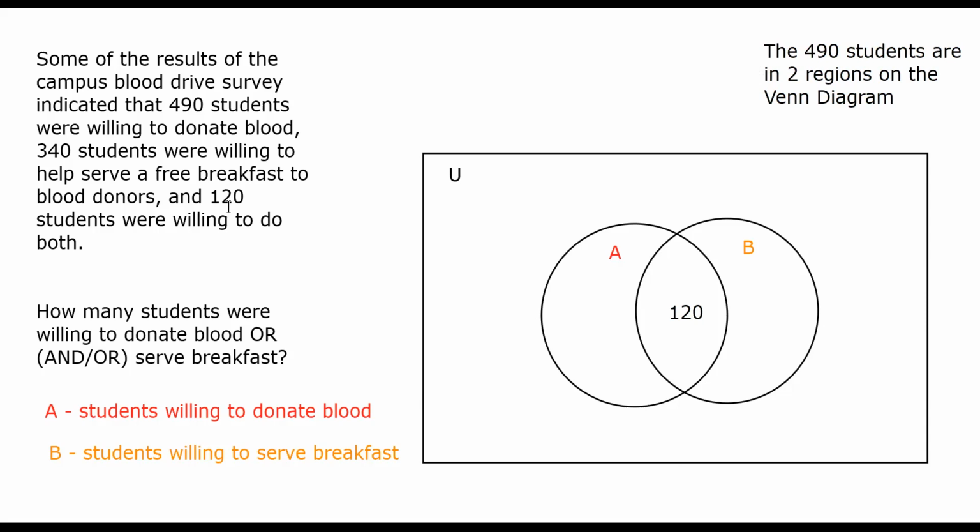Now, knowing that the region A is split into two different pieces, and this piece combined with this piece together have to add up to 490, then I'm going to say, all right, this section alone has to be 490 minus 120, which would be 370.